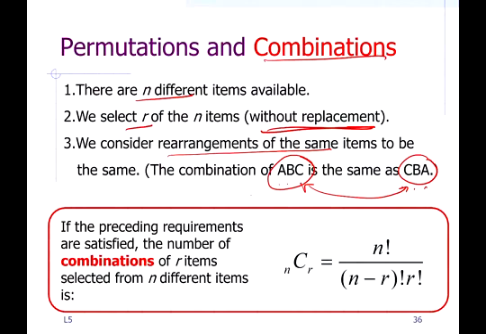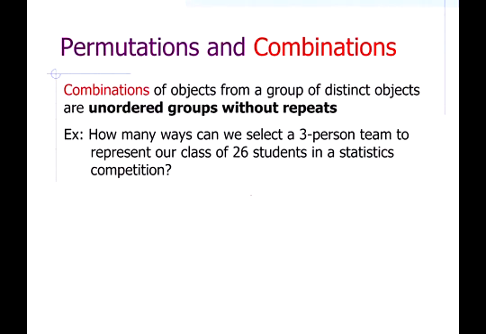All right, so let's come back to the problem. We have 26 students. How many different ways can we select 3 of them? Well, one person can't be repeated. We can't have one person taking up 2 slots on the team.